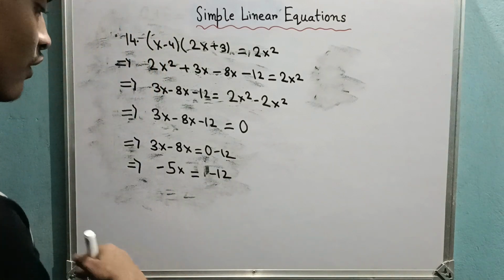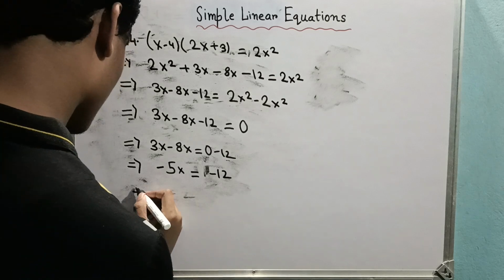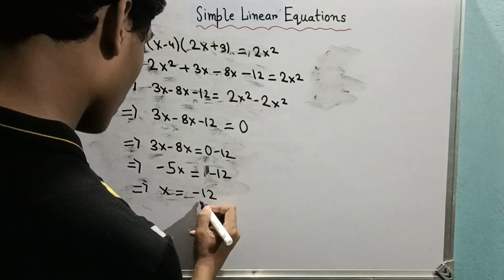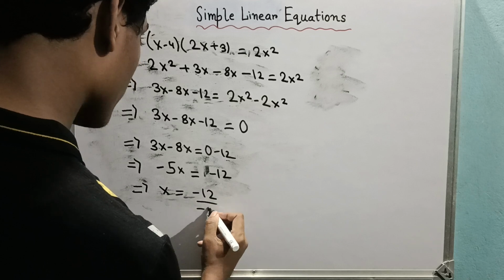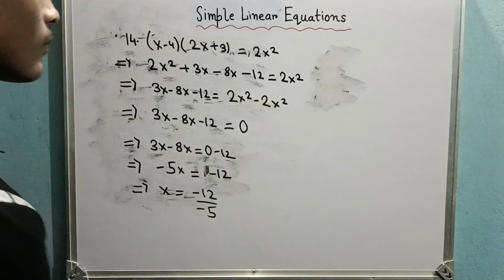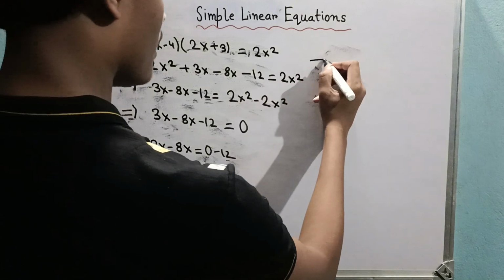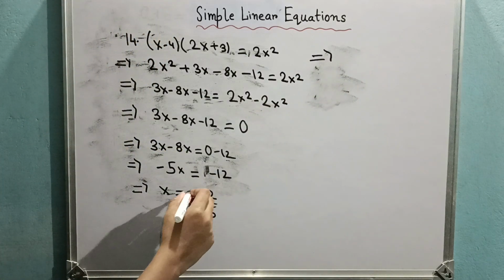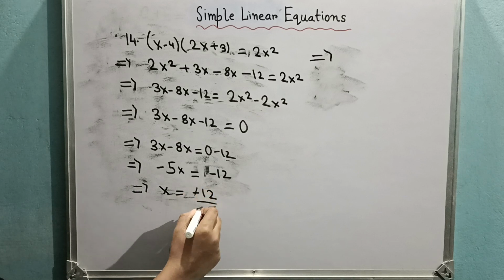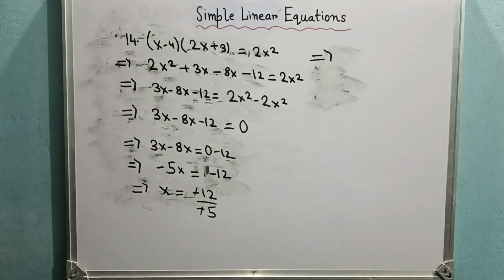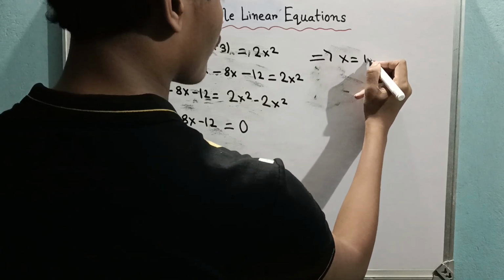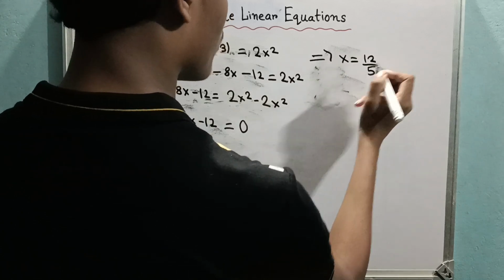So now we simply have to divide it. x will be equal to minus 12 divided by minus 5. I am writing it here. It will be easier for you to see. So guys, both minus signs are there, so they will get cancelled out. And so the answer remains here. x is equal to 12 by 5.